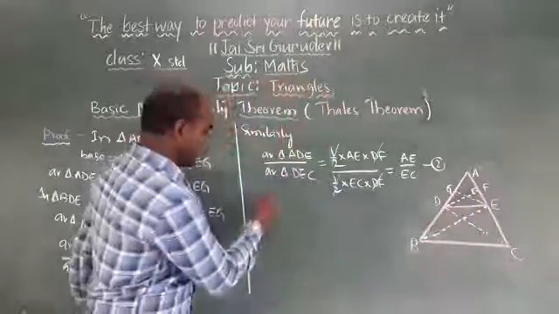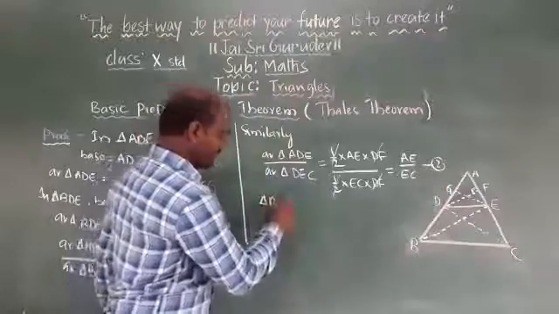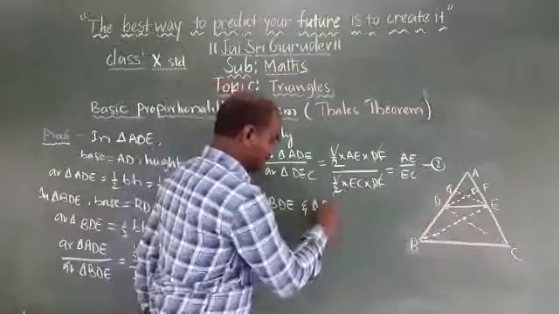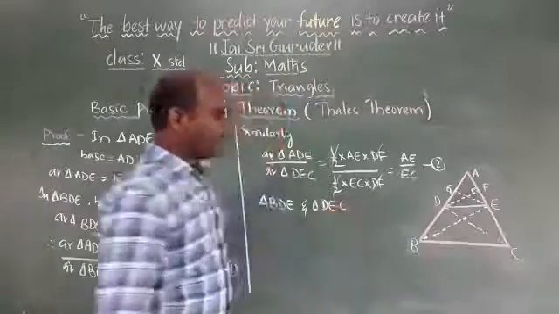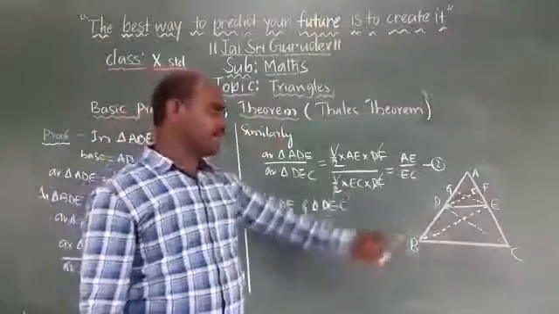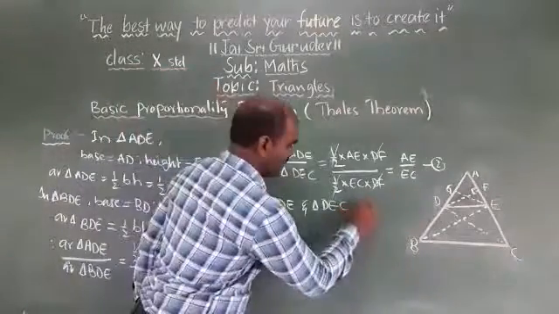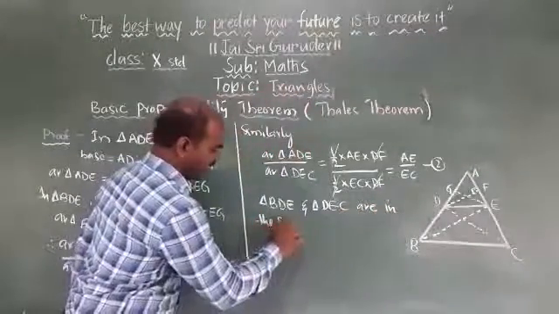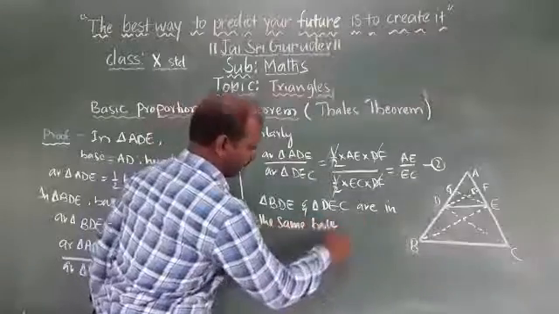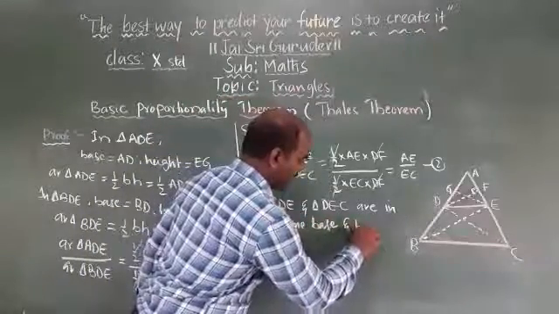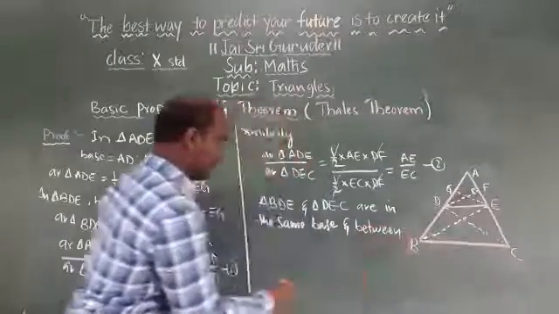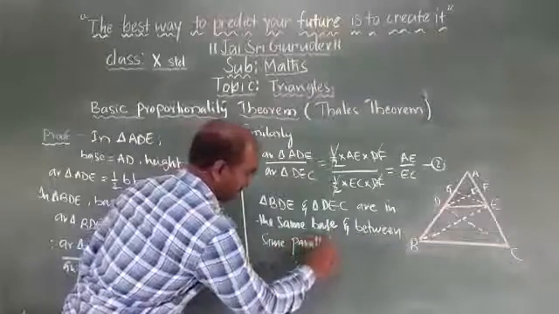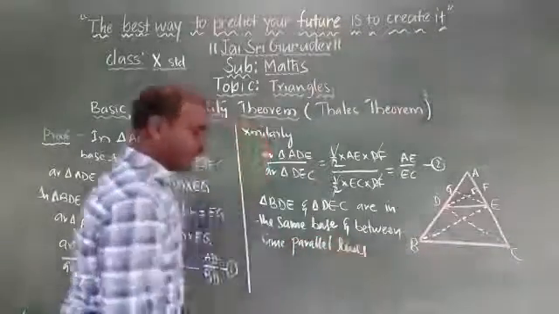Triangle BDE and triangle DEC are on the same base and between the same parallel lines.